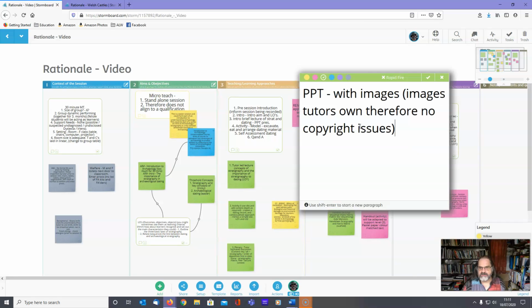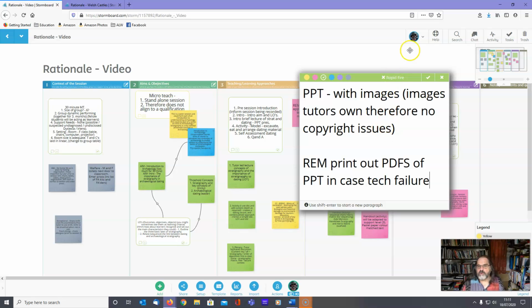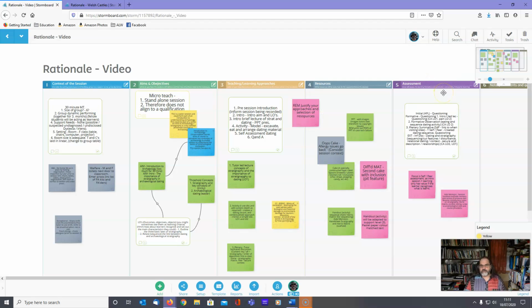You talk to a teacher and they'll bore you with their first experience of it all going horribly wrong. It's only a group of 6, so it's not too bad. Print out PDFs of the PPT in case of tech failure. That's what we would call contingency planning.